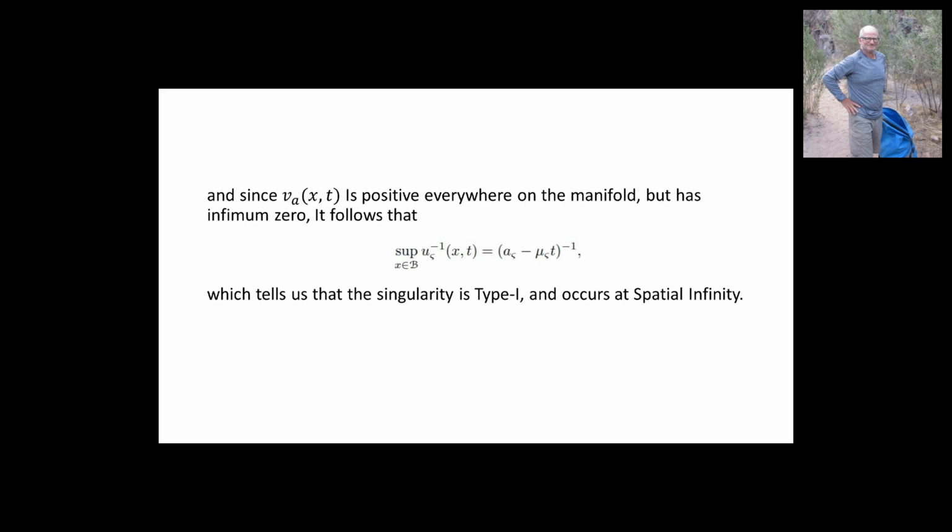This tells us first of all that the singularity must be type 1, and also shows that the singularity cannot occur on the base manifold. It must occur at spatial infinity. So this shows what we want to show regarding the occurrence of these singularities: that they are first of all type 1 and occur at spatial infinity.